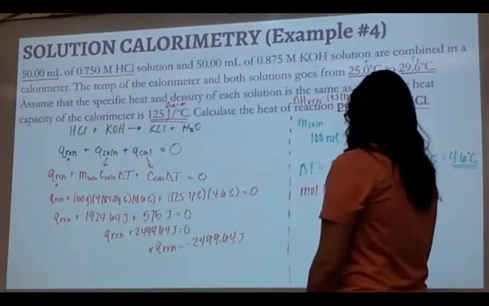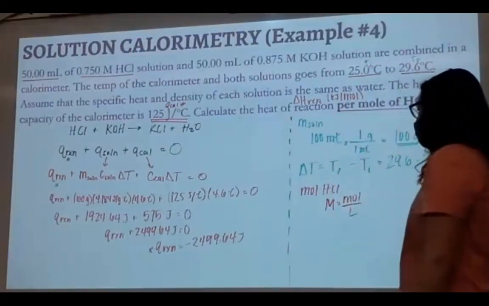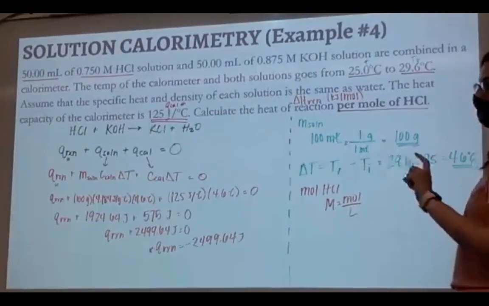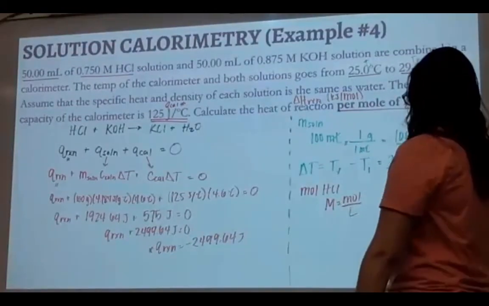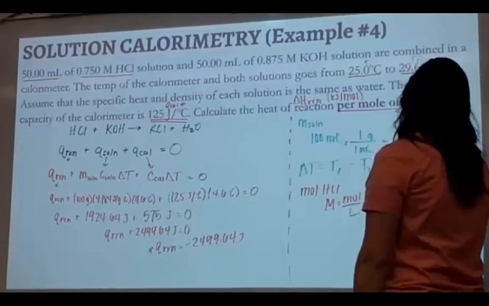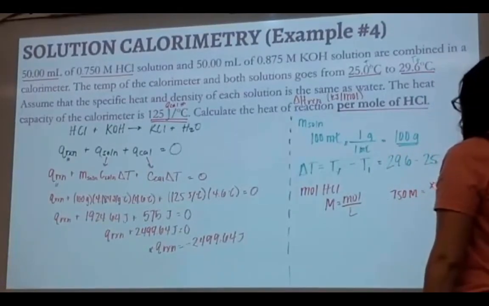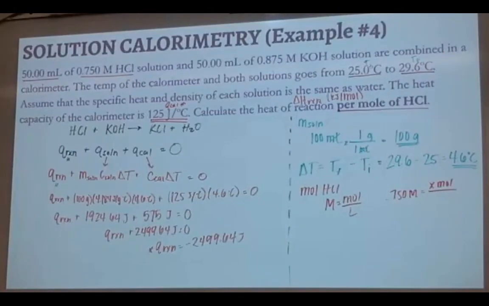Remember that molarity is moles over liters. Molarity is a way for us to go between moles and liters. We use molarity as a conversion many times. So molarity, 0.750 molar, is X moles, and then be careful with what's on the bottom.